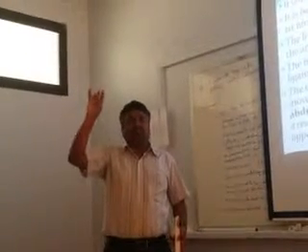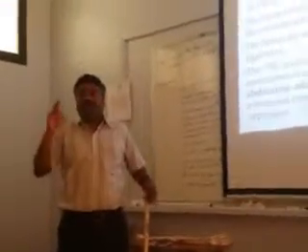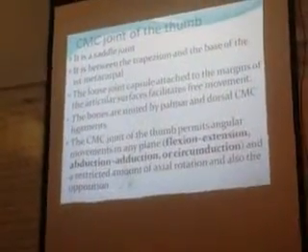These are all the movements possible at the first carpo-metacarpal joint, or you can name it the carpo-metacarpal joint of the thumb. So this is about the carpo-metacarpal joint.